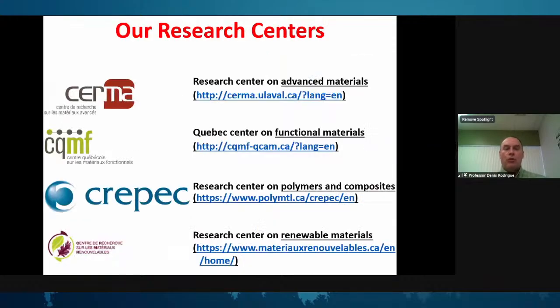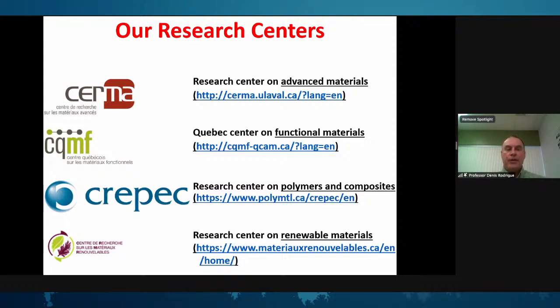Just to make a small overview of our research here, we are part of 4 groups or 4 research centers in general. The first one is CERMA, which is the Research Center on Advanced Material. CQMF is the Quebec Center on Functional Material. CREPEC is the Research Center on Polymer and Composites.